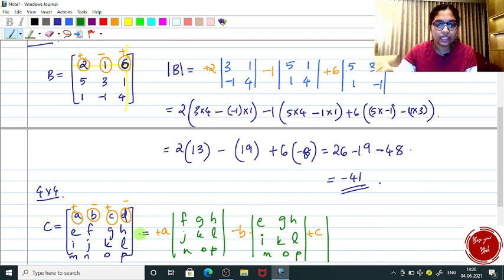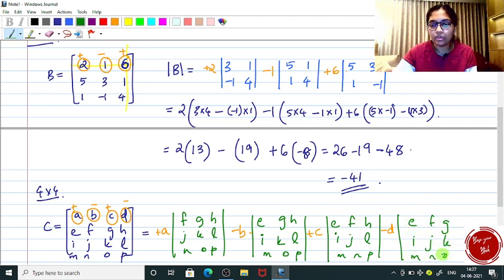What is that? E, F, H, I, J, L, M, N, P. And lastly, you will have minus D into the remaining submatrix E, F, G, I, J, K, M, N, O. So, this is the pattern for every square matrix of any order.